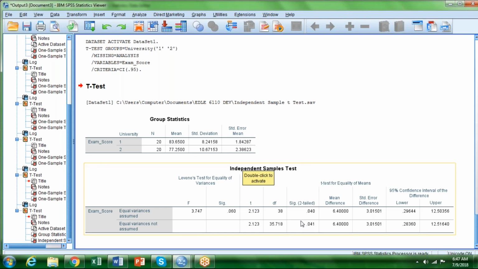And so we look up at the means in the group statistics, we see a mean of 83.6 in University A and a mean of 77.25 in University B, but the level of significance between those scores is actually very small, but still available.